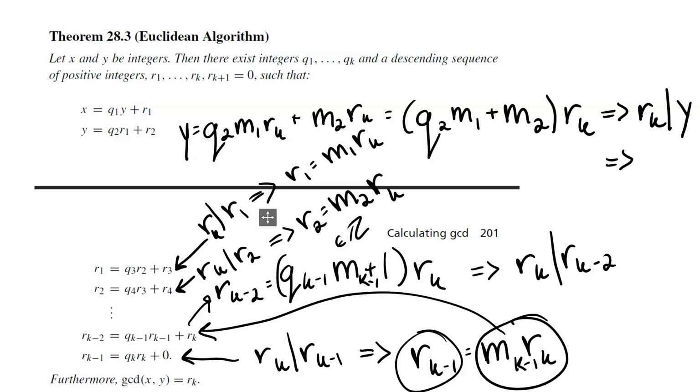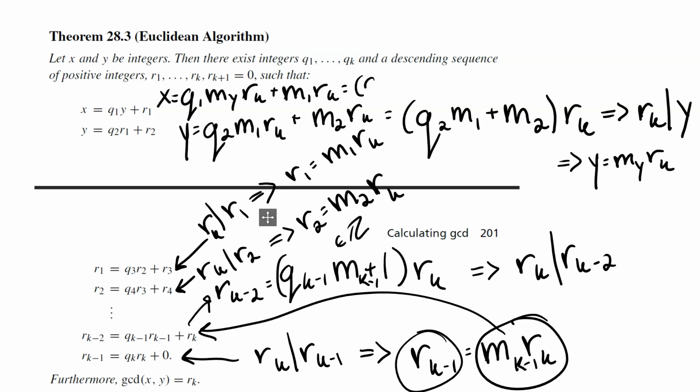Okay, so let's say that y equals my, so creative, right, times rk. Okay, and now we could plug that into here, and so we get that x equals q1 times my rk plus m1 rk, which once again, q1 my plus m1 times rk.